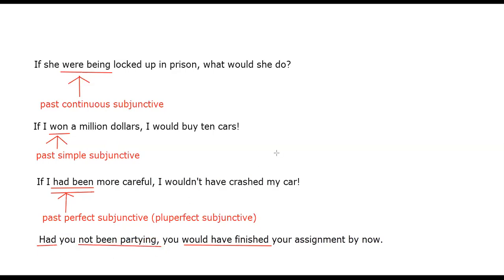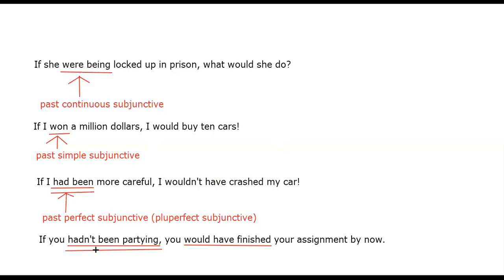Because again, and I said this in my last lesson, only the pluperfect subjunctive can be inverted. You can't invert the pluperfect indicative. So the past perfect indicative or the pluperfect indicative, whichever label you want to use, that can't be inverted. But the past perfect subjunctive can be switched like this. So you could say, had you not been partying, you would have finished your assignment by now. So that's just inversion that you could do. But if you don't want to do it that way, you can just leave the if there and then have normal sentence order.